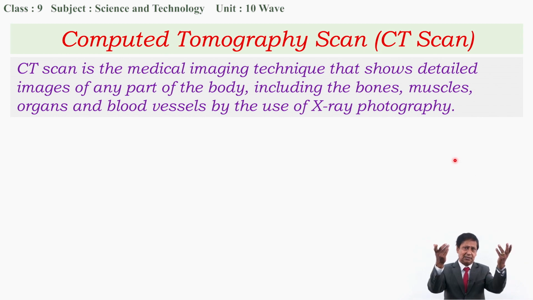Then what is the difference? There is a big difference. This is directed towards a particular organ and it produces a 3D image, but normal X-ray produces just the photograph only, whether the bone is broken or not, whether there is blockage or not, etc.